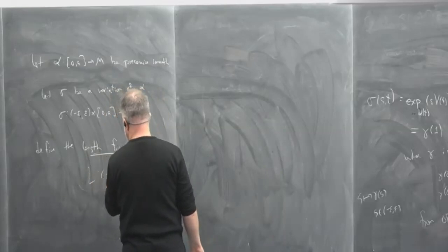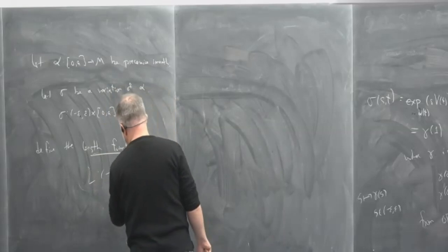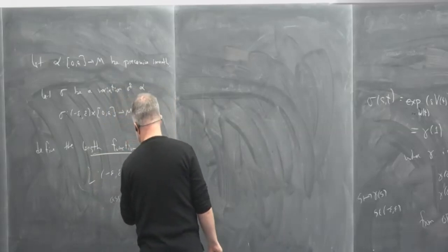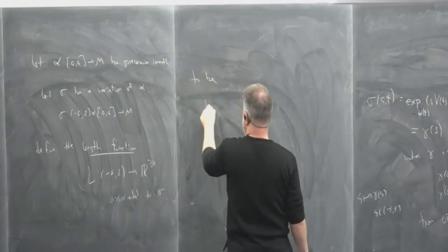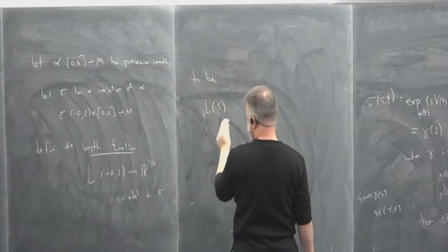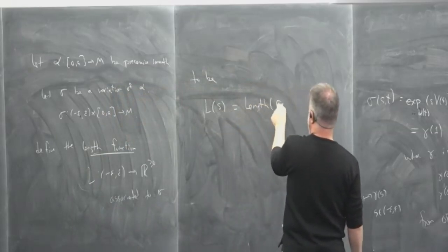L, from minus epsilon, epsilon to the non-negative reals, associated to this variation, to be, well, the length at parameter s is the length of sigma s.